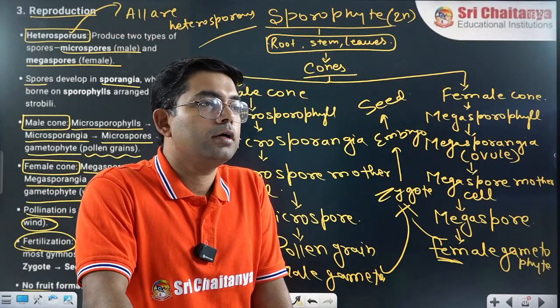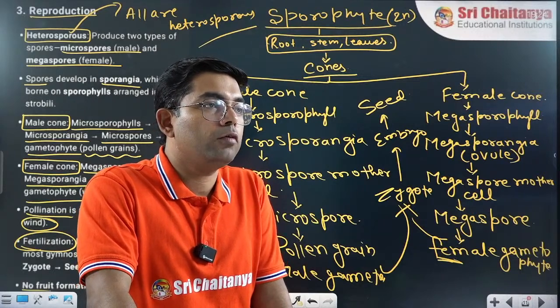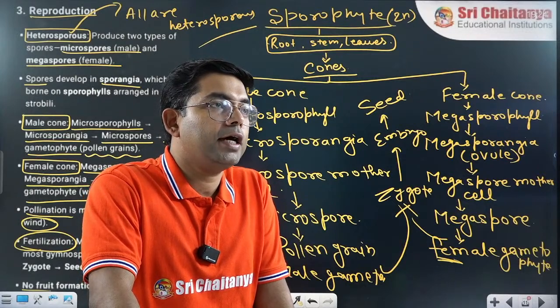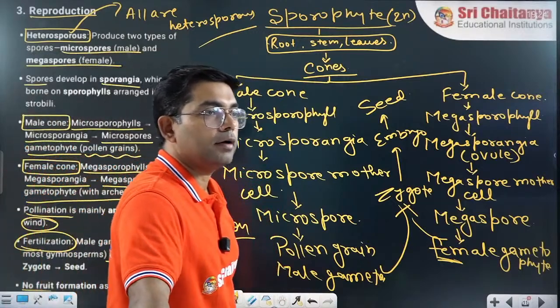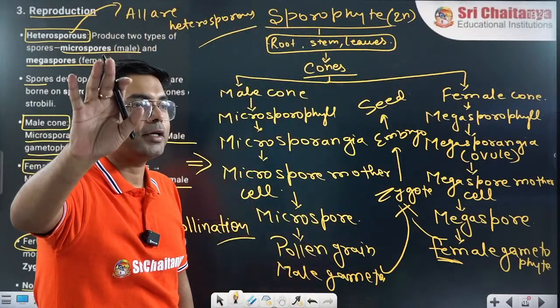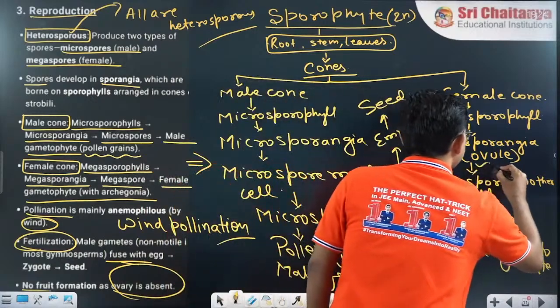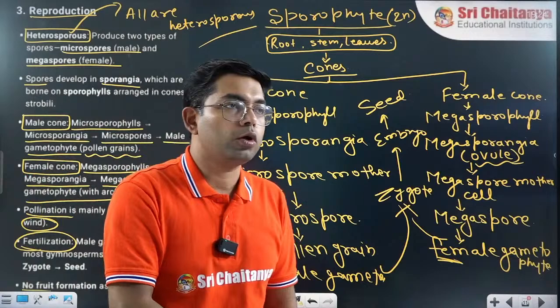Shravani, very good. Shravani has given the first answer. She said ovule. Venkat, second. Mishab, third. Harry, very good. Lashya, Tanvi, Pooja, Reshma, very good. So all of you are giving ovule, means you are alert, you are paying attention. Very good, well done. So here it is given megasporangia is also called ovule.